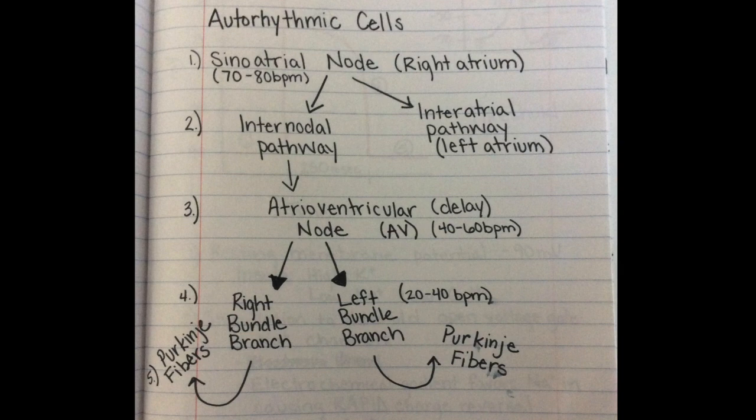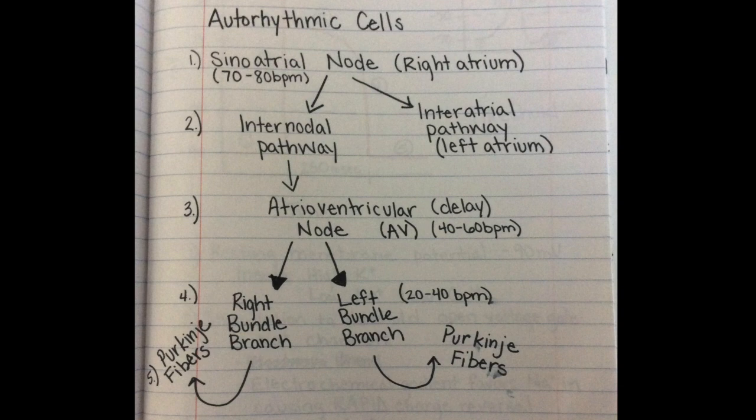Once the action potential spreads to the internodal pathway, it will be received by the atrioventricular node. There is a slight delay here to allow atrial contraction to be completed, which allows fuller filling of the ventricles. From the AV node, the impulse spreads to the bundle of His, which breaks into a right and left bundle branch.